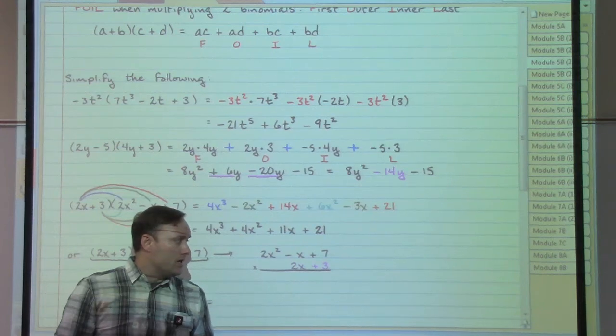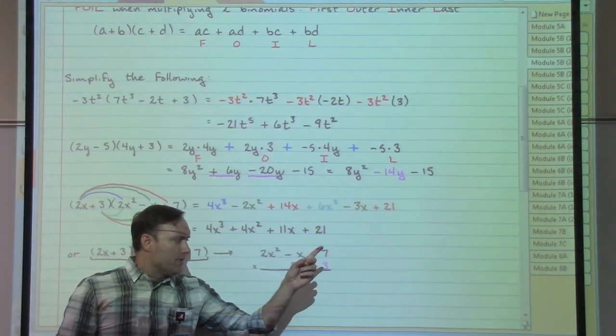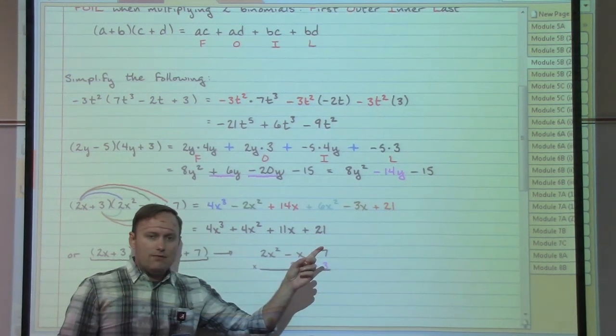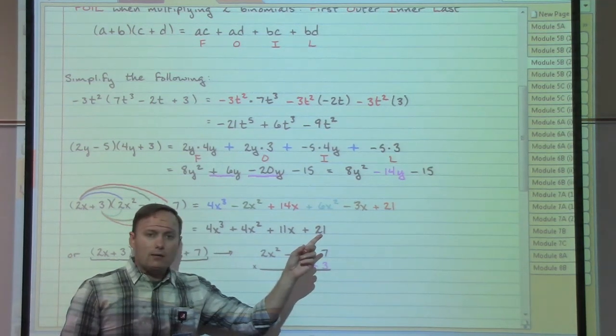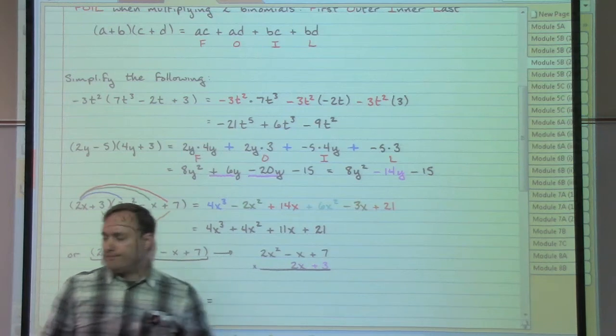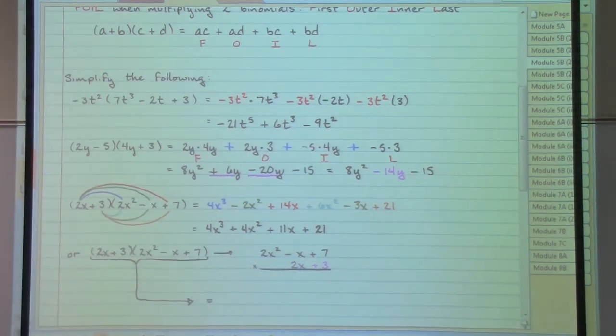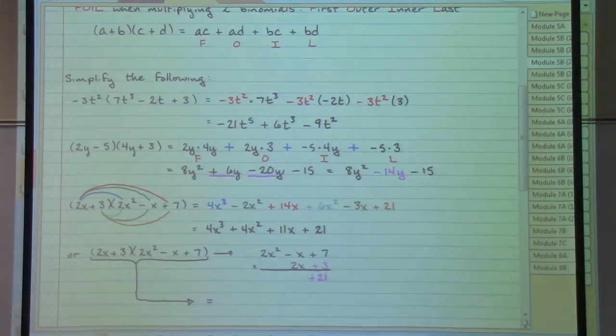Turns out it actually does. So what we're talking about here is take the end of the second polynomial and multiply it by what's right up above it. That would give us a plus 21.